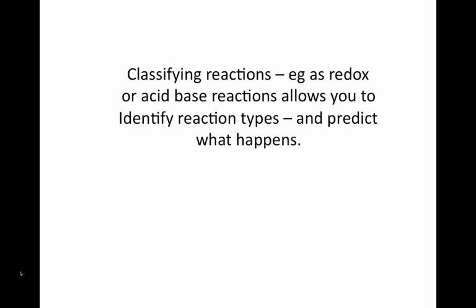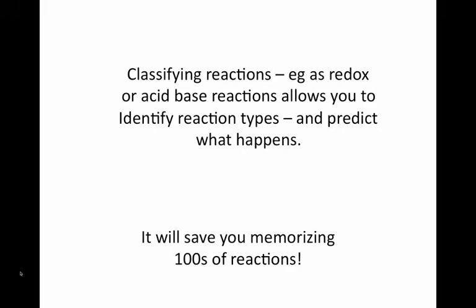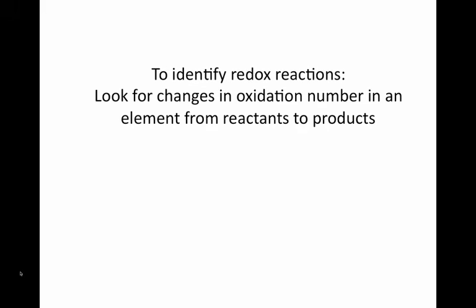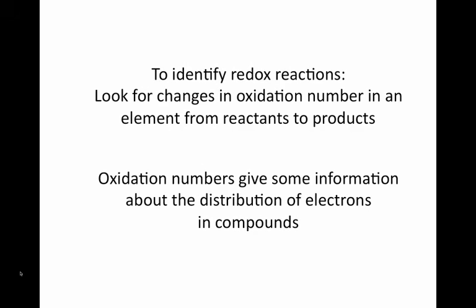So to help you classify, one of the things that you need to be able to do is to identify redox reactions. And to do that, you need to look for changes in oxidation number in a particular element as you go from reactant to product. And as we'll see, oxidation numbers give some information about the distribution of electrons in compounds.